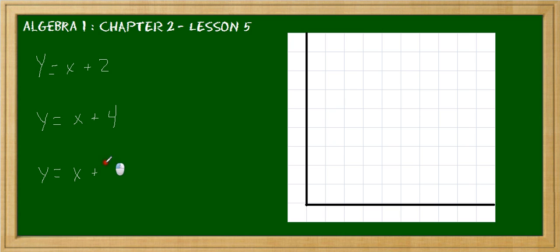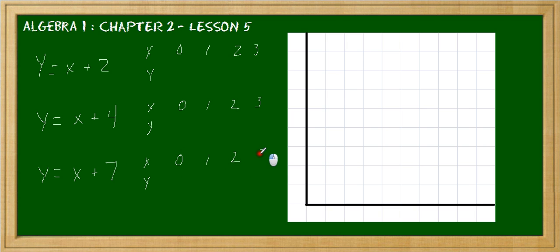Okay, so we see here 3 different formulas, and we're going to create a simple table of each one using the x values that they've given us of 0, 1, 2, and 3. So we'd write 0, 1, 2, and 3 for each.